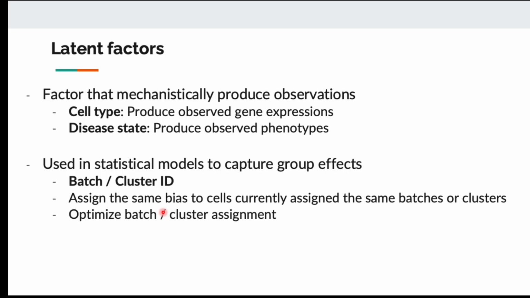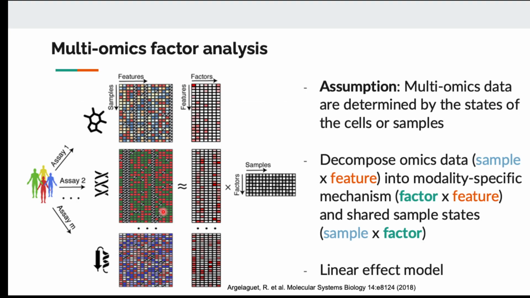So how does this translate to multi-omics analysis? When we want to combine different omics data together, one piece of information that we assume is shared, even though these are from different labs, maybe different cohorts, is that they capture the same biology, the same disease.